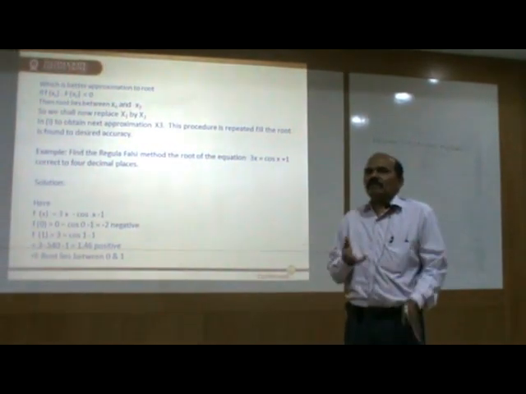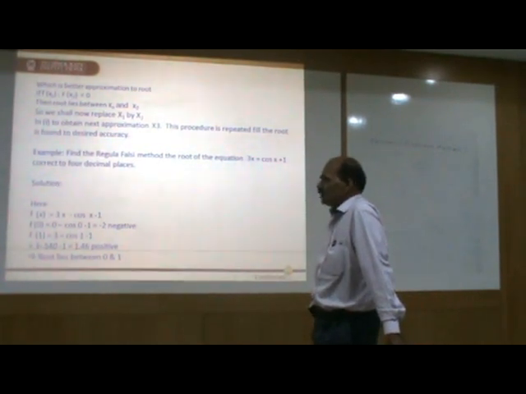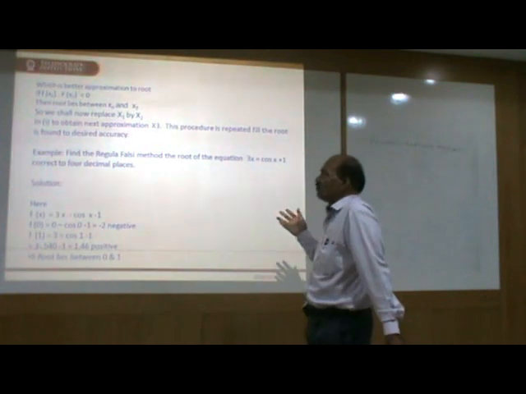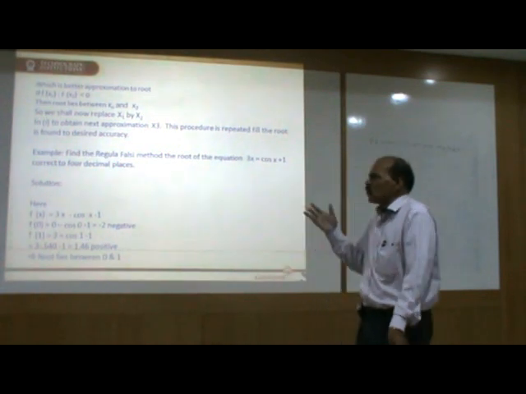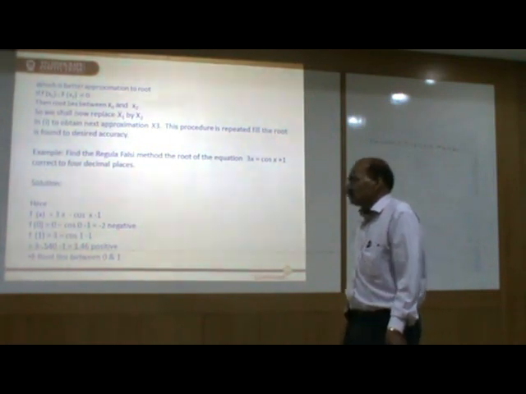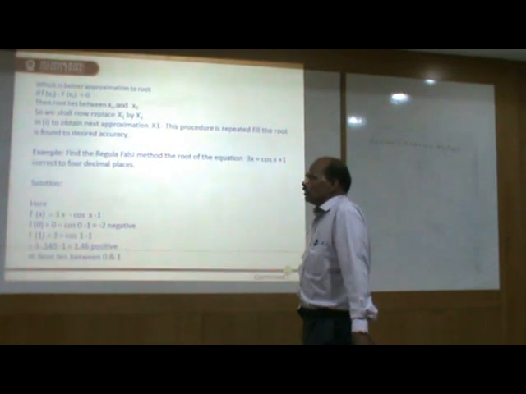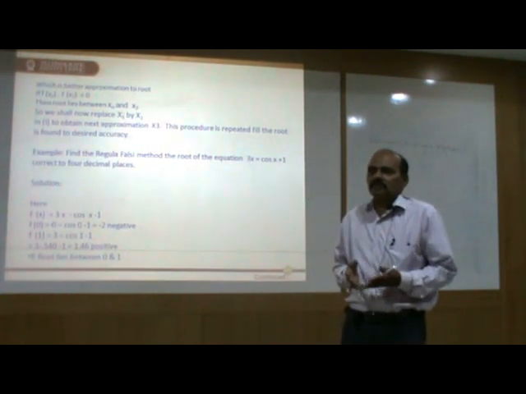Our problem in Newton-Raphson was 3x minus cos x minus 1. Here also in the regula-falsi method we have taken the same problem, 3x minus cos x minus 1. First of all, we have calculated the interval in which the root lies.